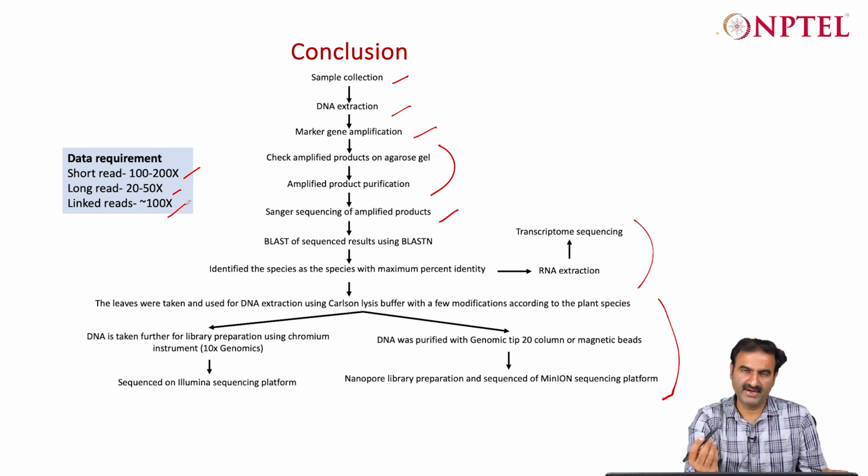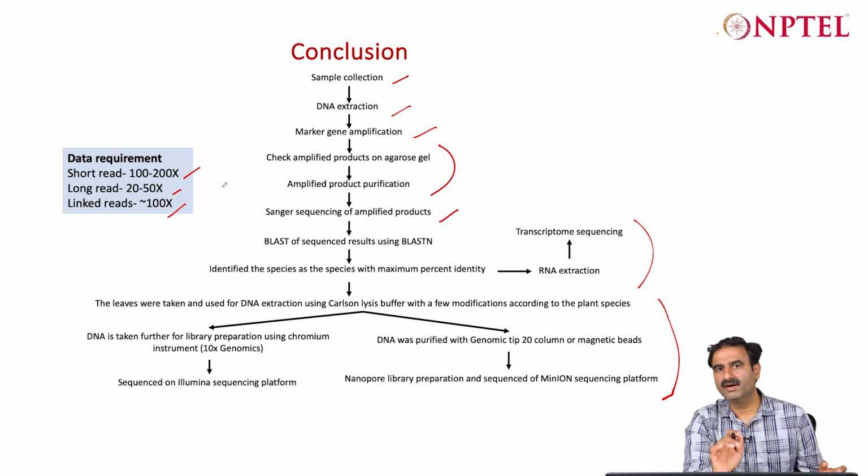Link reads about 100x, because that also supplements and complements the Illumina sequence, since ultimately they are generated by Illumina. And for the transcriptome, you should generate a minimum of 15 to 25 GB per sample, to construct a good quality transcriptome and also for good quality gene prediction.